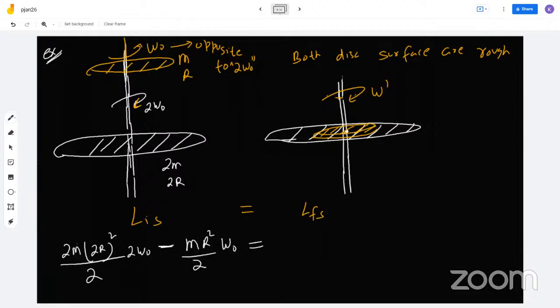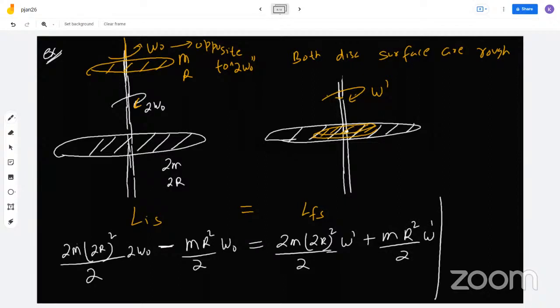And finally, 2m into 2r whole square by 2 into omega dash plus m r square by 2 into omega dash. Both are moving with the common velocity omega dash. Now you have to find omega dash in terms of omega naught.